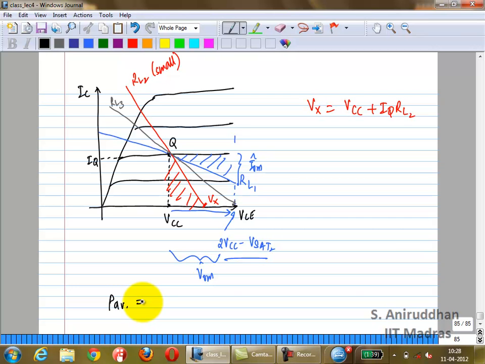What we have found out based on the load line and the transfer characteristic are the peak values of output voltage and output current. Now we want to find out the average output power, let us say you design it with RL3. It is VO hat, IO hat by 2. So it's VO hat by root 2 times IO hat by root 2.